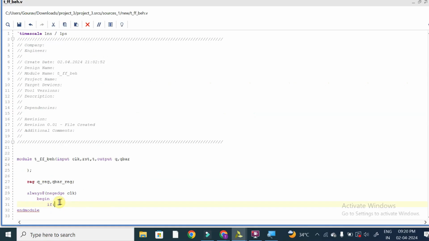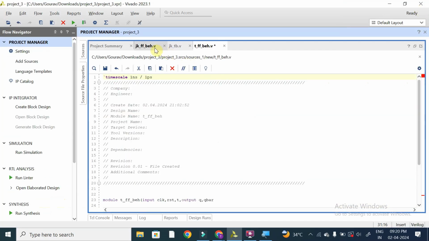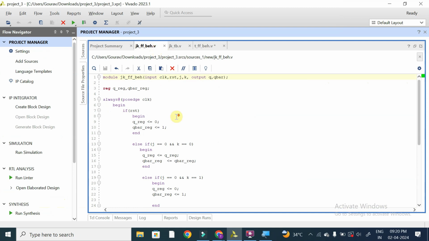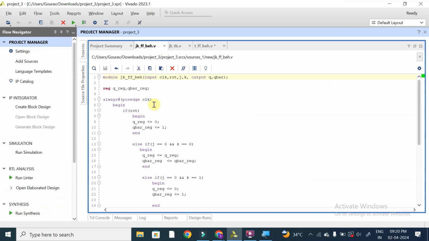And till now we have written the code for synchronous flip-flops, synchronous reset flip-flops. This is a synchronous reset. So synchronous reset meaning is, when we apply the reset, the output will get affected at the positive edge of the clock.